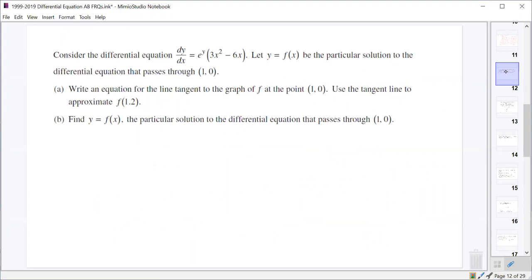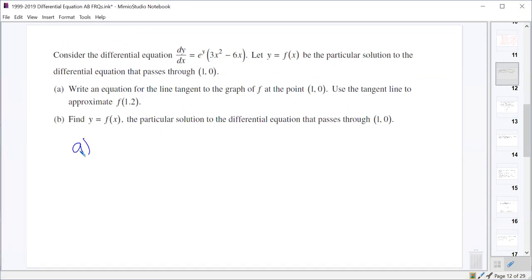All right, I think this is the last one I asked you guys to do. Is that right? Yeah, okay. So we got dy dx equals e to the y times 3x squared minus 6x. Part A, write an equation for the line tangent to f at 1, 0 and approximate it at 1.2.